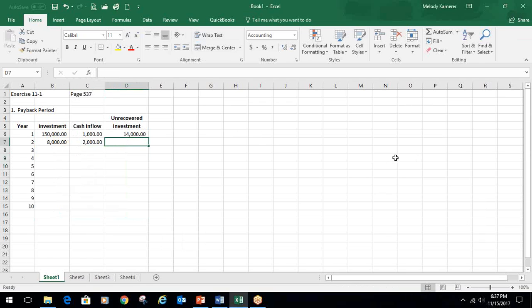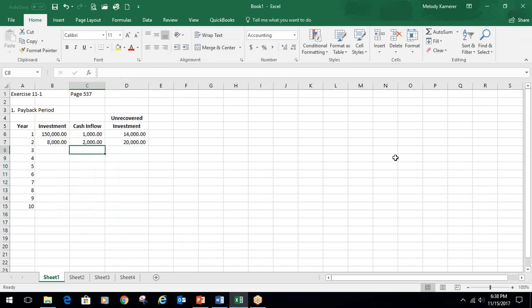Now, we have to add the additional investment of $8,000 to our unrecovered investment of $14,000. So we have $22,000. And we're going to subtract our cash inflow of $2,000. So our unrecovered investment at this point becomes $20,000.